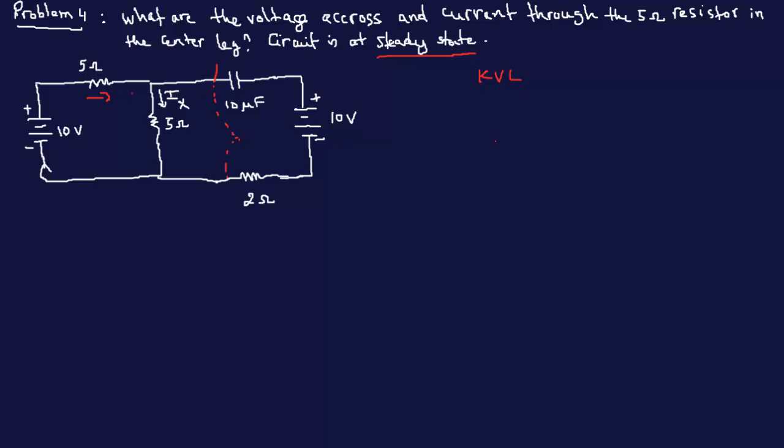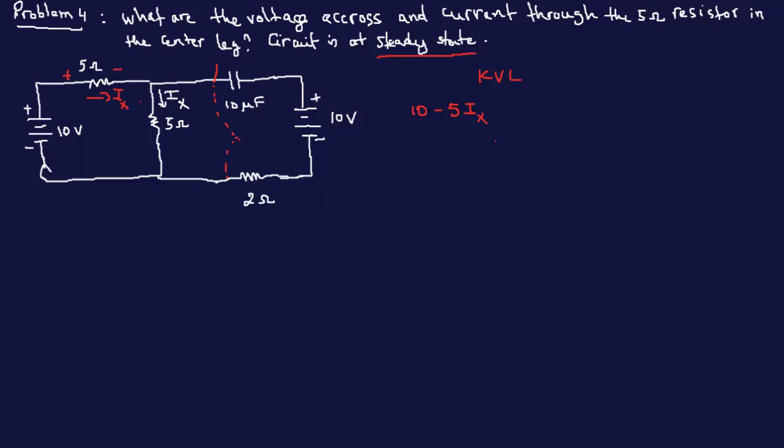Okay, so this current here, IX, is also the same thing as this one here. It's a simple circuit. We've talked about it in the previous video. So this current here is the same thing as this current here. So we just apply KVL. From minus to plus, it's plus 10 volt. Put my signs. Plus, minus, so it's from a plus to a minus, so that's minus 5 IX.